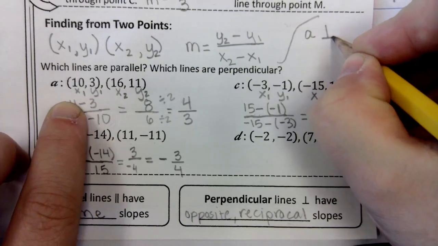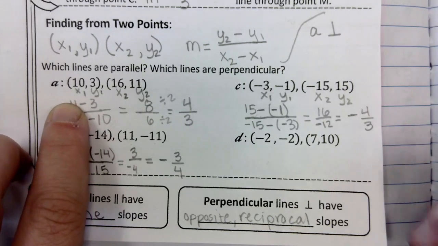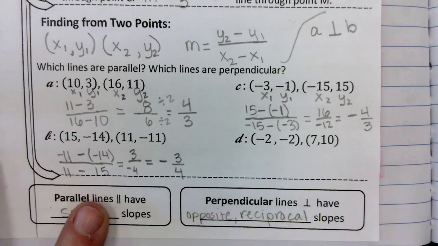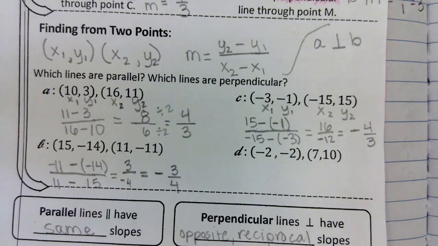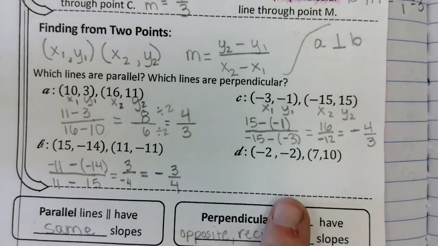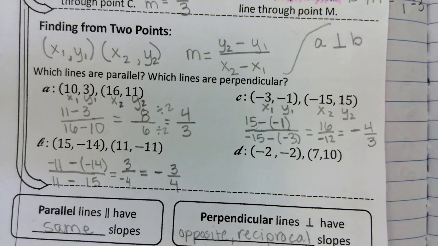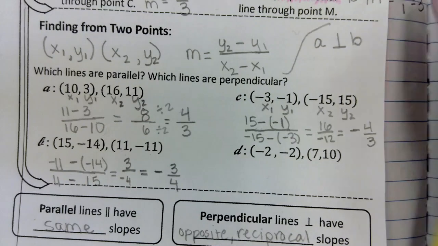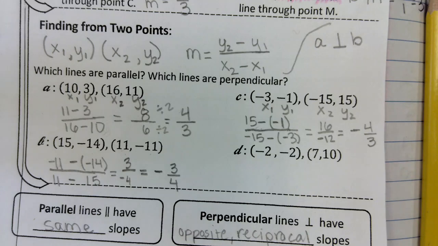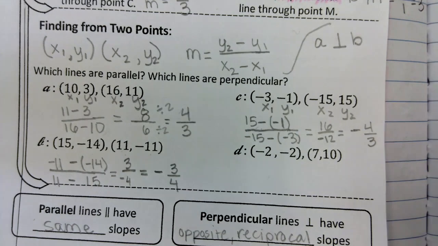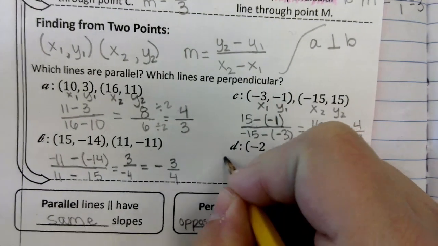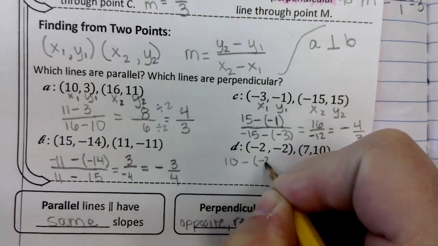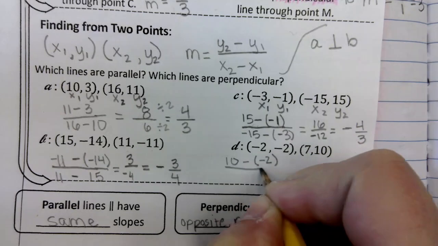All right, let's do D and see if D matches up with any. So we're going to start with our second y, y2, 10, minus our y1, negative 2. Hamsa's crushing it today. x2, 7, minus our x1, negative 2. This one was kind of nice because our x and y here was negative 2, so we didn't really have to think too hard.